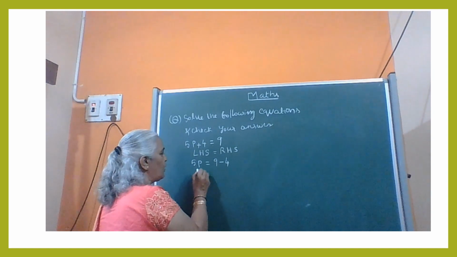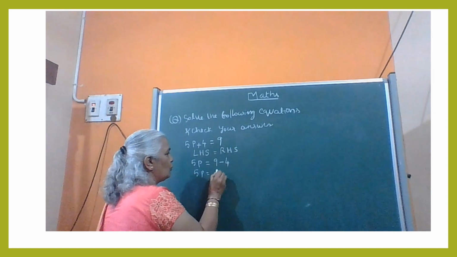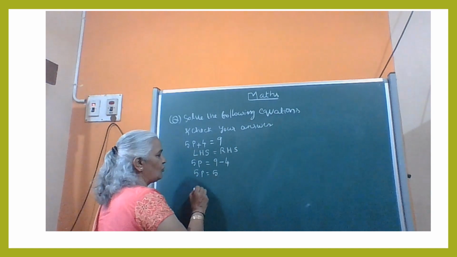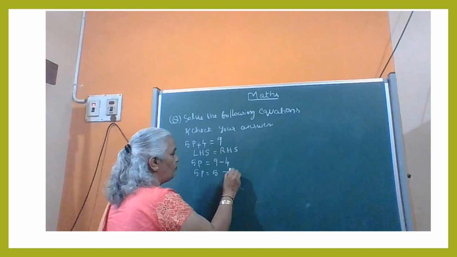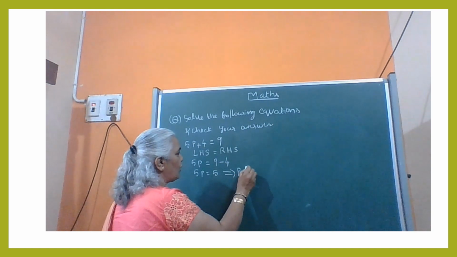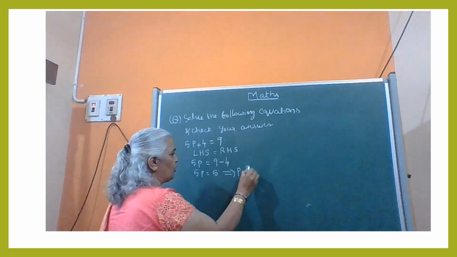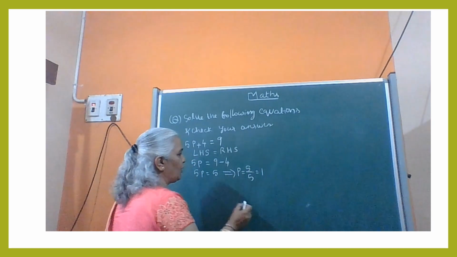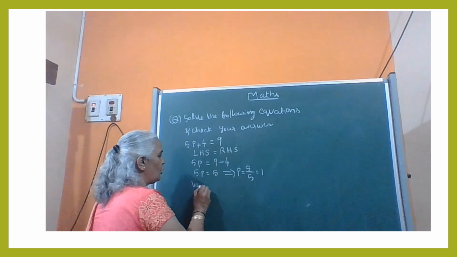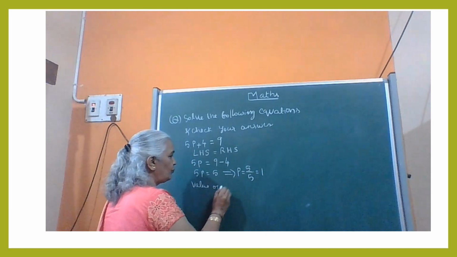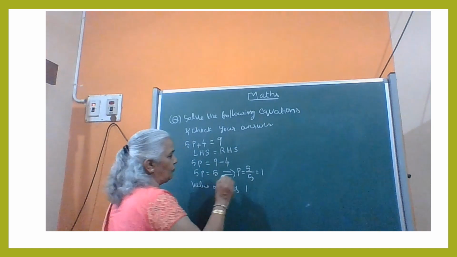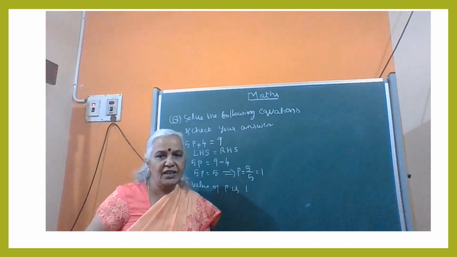Therefore 5p is equal to 5. That means p is equal to 5 by 5. I have cross multiplied, it is equal to 1. Therefore the value of p is 1.